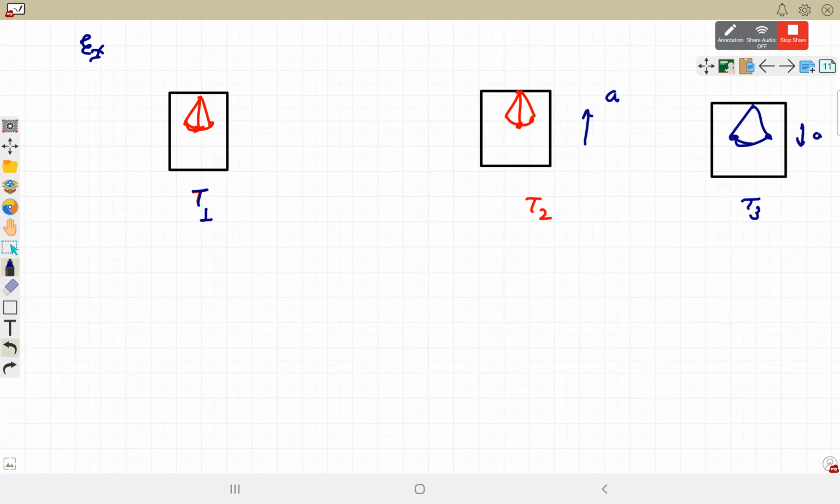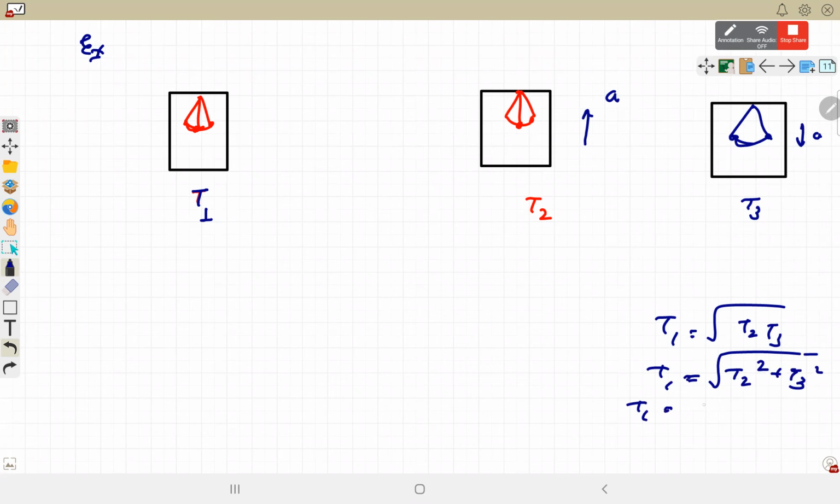The first option: T1 is root T2 T3. T1 is root of T2 square plus T3 square, and T1 is root of 2 T2 T3 divided by T2 square plus T3 square. And D is none of these.